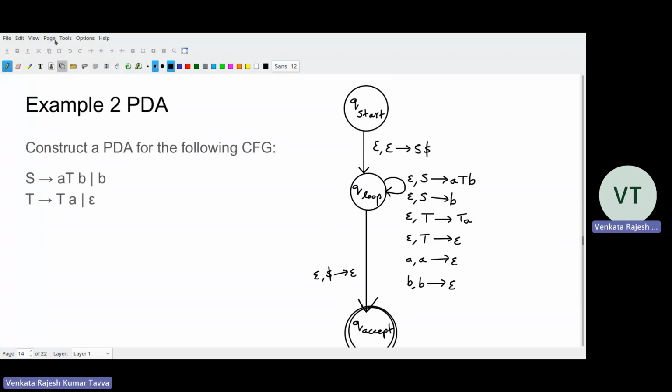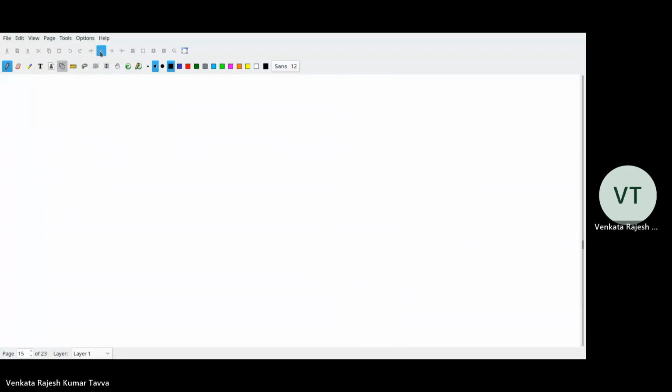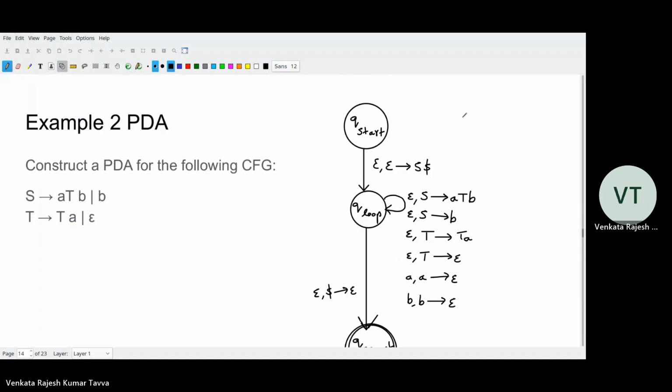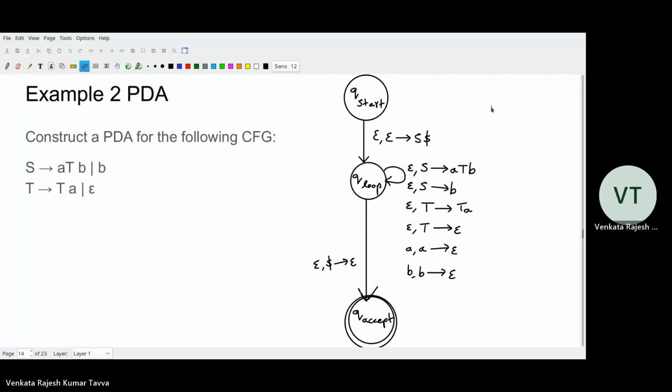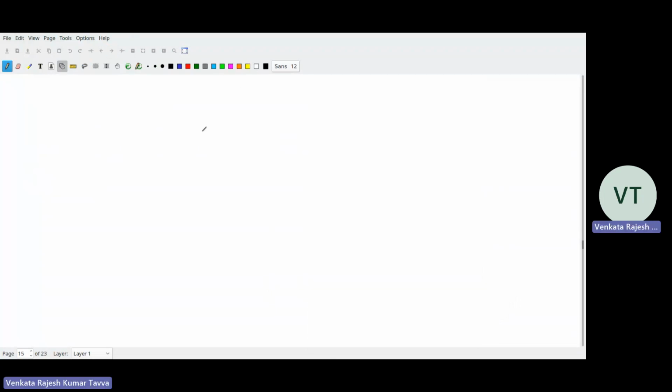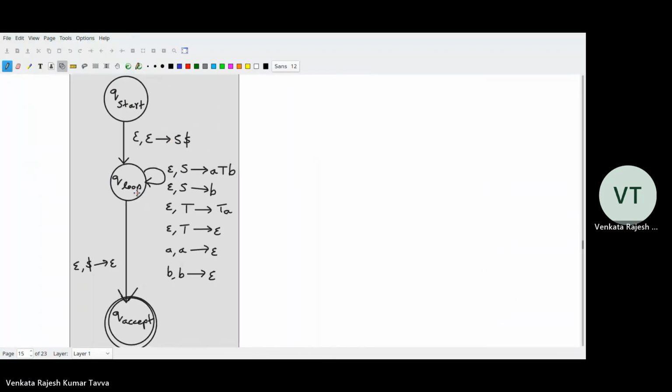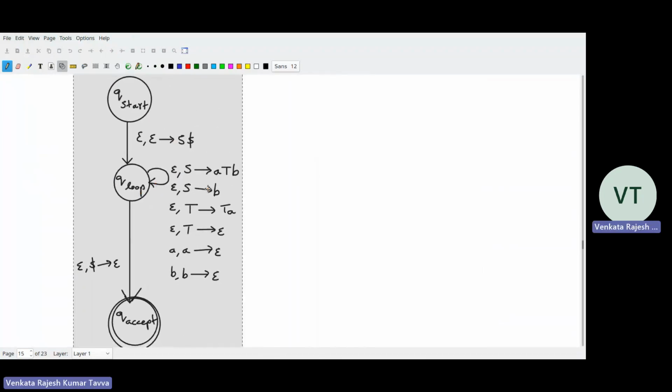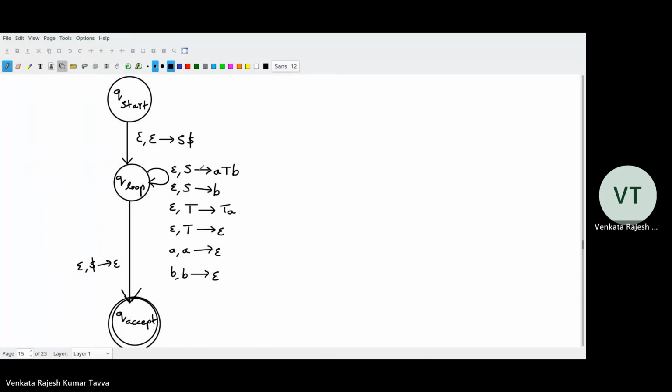So now let's quickly look at the expanded version. Which of these rules can I expand? This one, S goes to ATB and T goes to TA. All other rules have only one symbol.